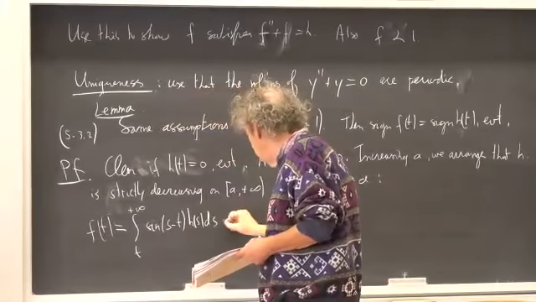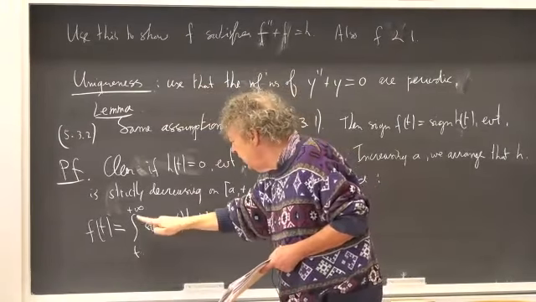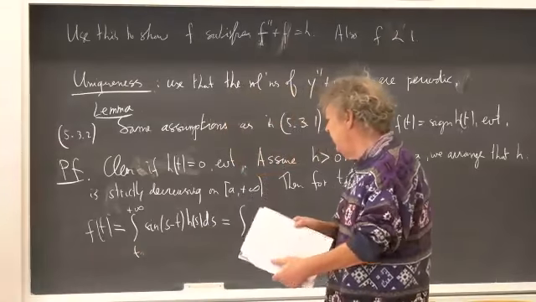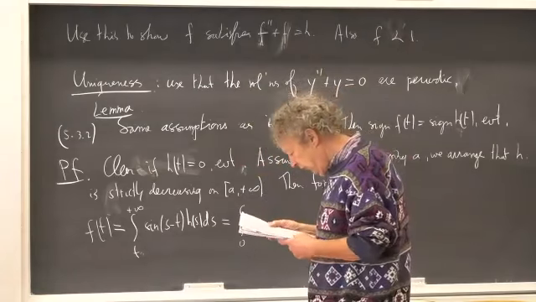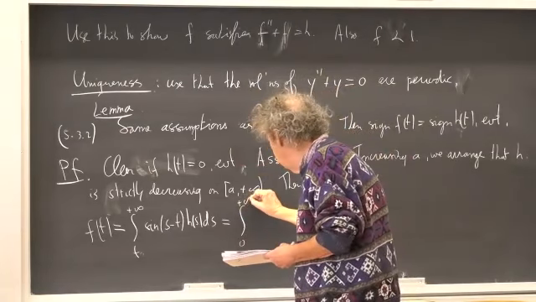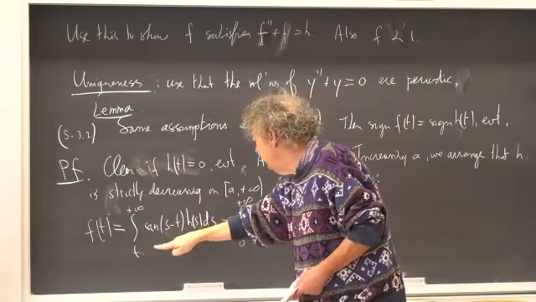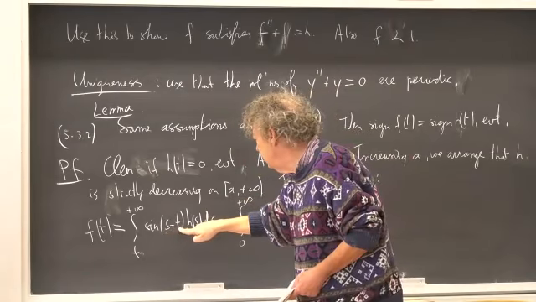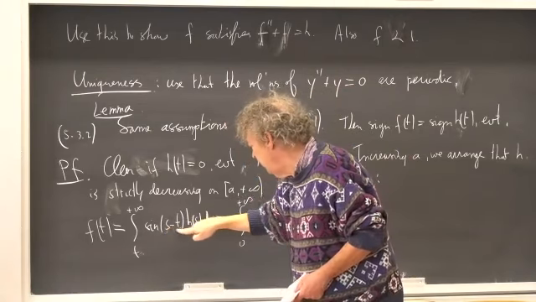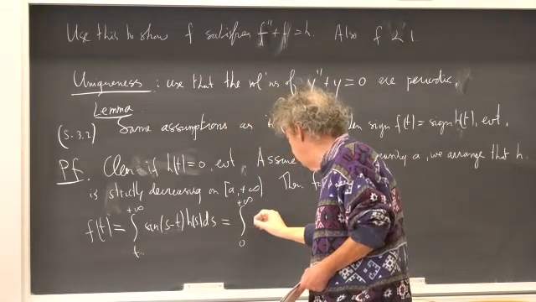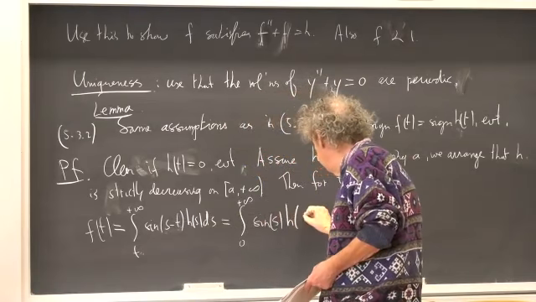And now we change the bounds. Instead of integrating from t to plus infinity, we integrate from 0 to plus infinity. If s starts at t, then s minus t will be 0. So this is the same as the integral of sine s times h(s plus t).